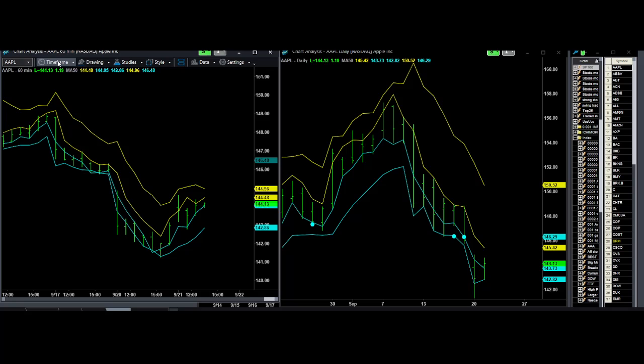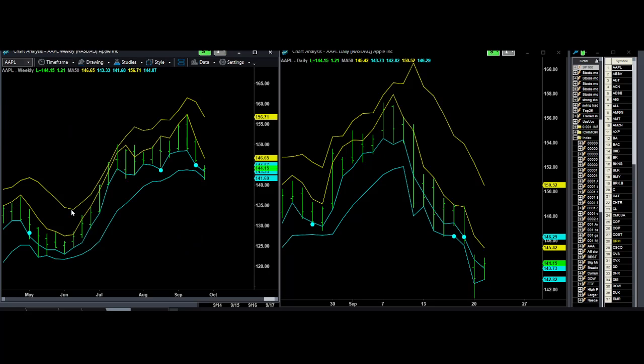This is a daily chart, and if you go to the weekly chart, this is the AAPL weekly chart based on the Bayesian prediction model. You can see this weekly chart is relatively close to this blue trend line.